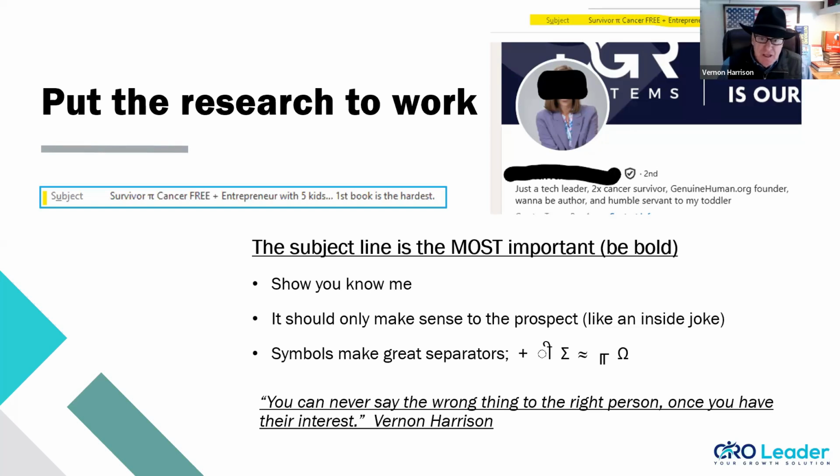Try to find 3, 4 bullets and put plus signs or some kind of symbol in between them. Okay, not commas, because they're typically distinct. What does being cancer free have to do with writing a book or having kids? Okay, so in my subject line, this person is like, who is this? Right? Again, we're not going for those other reactions yet. That comes in the body of the email.